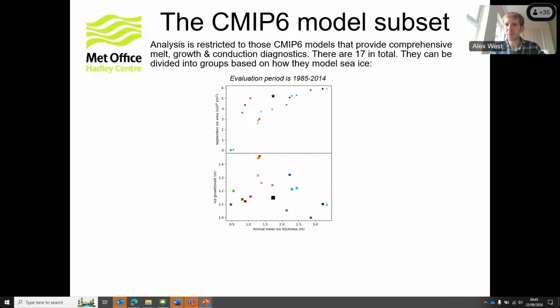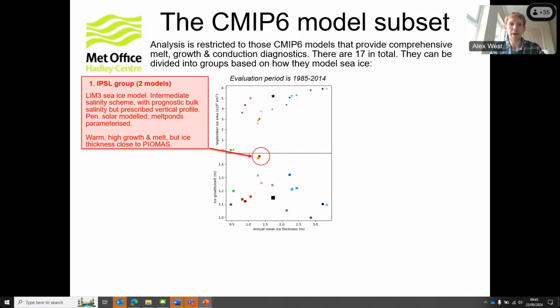So you can divide these models into groups, which I'll just briefly talk about. First of all, these two at the top here, the IPSL group. These use the LIM3 sea ice model. It's got a salinity scheme of intermediate complexity. Bulk salinity is allowed to vary. It does allow solar radiation to penetrate into the ice. The melt ponds in this model are just parameterized.